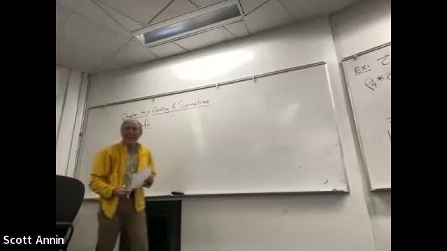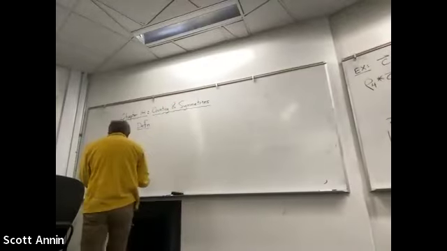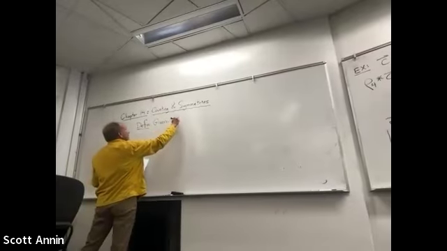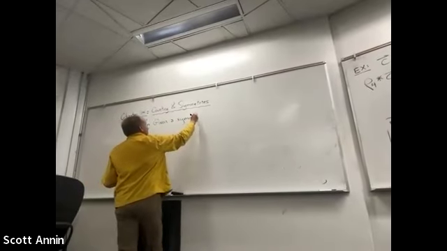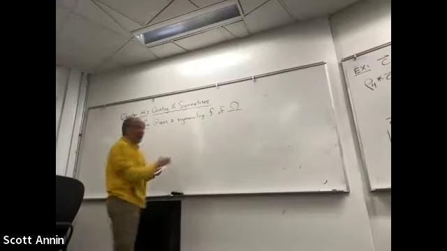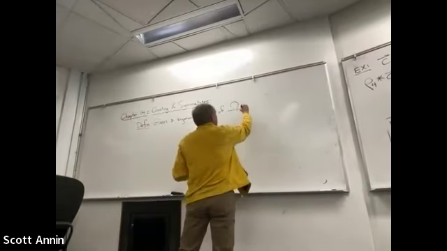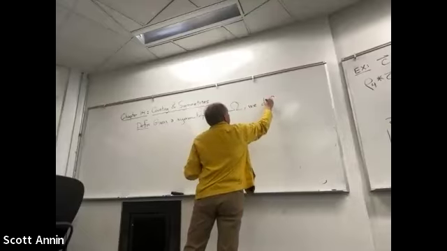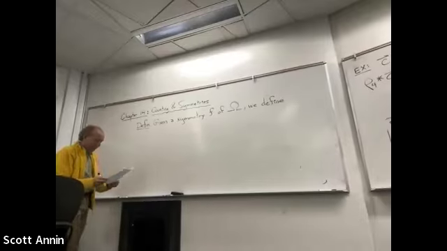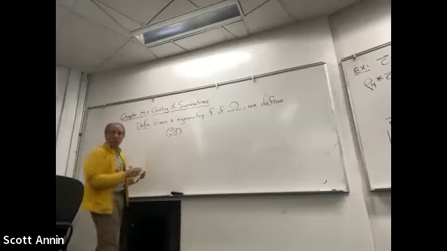I'm just stoked. Make another definition here. Given a symmetry F of my figure omega, so instead of given a coloring, now we're going to be given a symmetry. We define the following thing. It is going to be denoted script C of F. This is the book's notation.